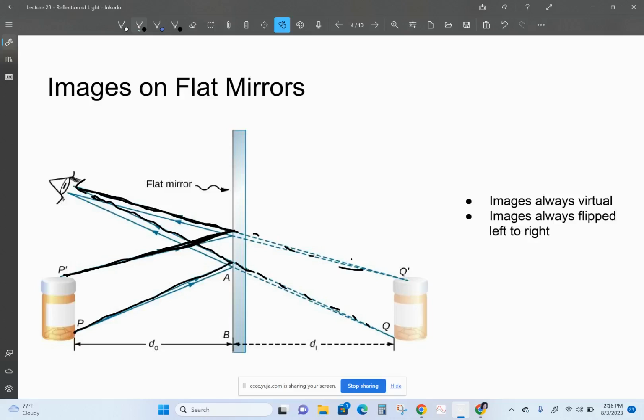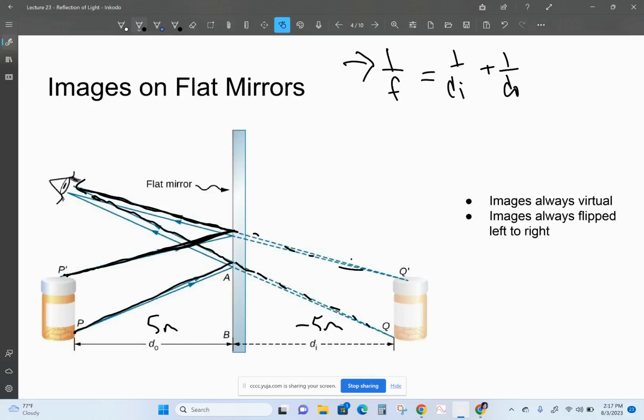When we use the lens equation, 1 over f equals 1 over di plus 1 over do, we can use it when we talk about mirrors, but this equation really only applies to curved mirrors. Mirrors that are flat like this always produce virtual images. If the object is 5 meters in front of the mirror, the image is going to be negative 5 meters.